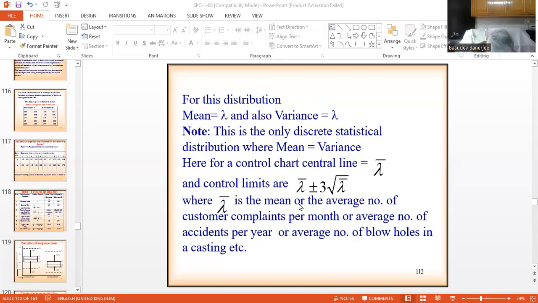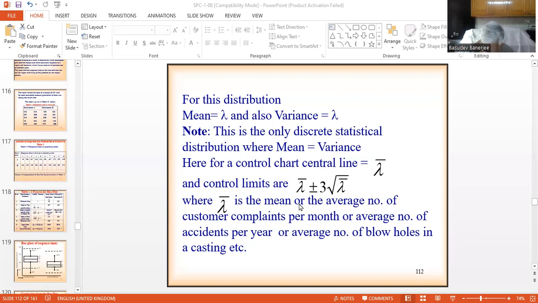0.0228. Yes, sir, 0.0228. Okay, 1 minus that. Same area will be there to the left of minus 2. 0.0228.